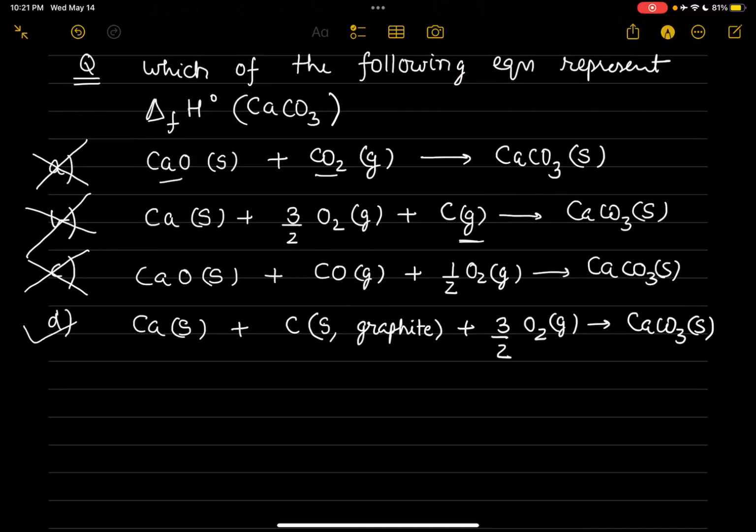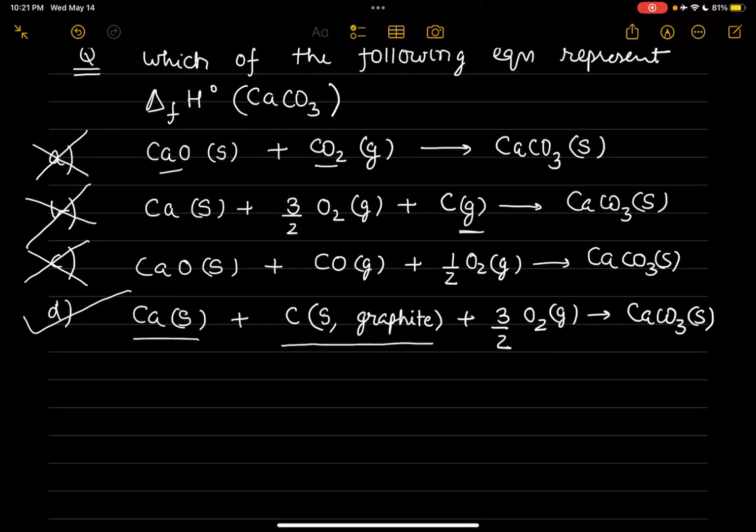This is correct. Calcium is there in the elemental form, solid. The most stable standard state of carbon is graphite. Just remember it. For sulfur, it is rhombic sulfur. Standard states.